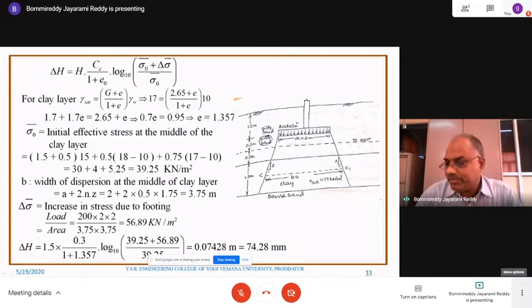So compute that. Initial stress means initial effective stress, at the middle of the clay layer. So up to the middle of the clay layer, find out the initial stress. What is the stress?